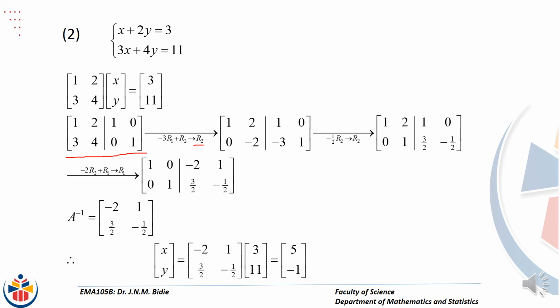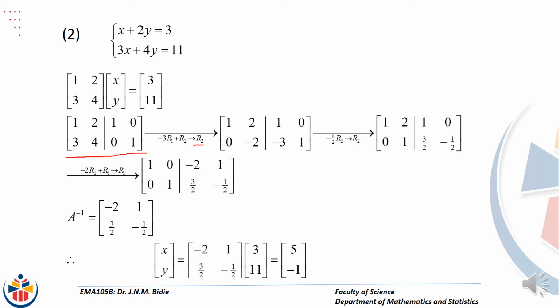Minus 3 times 1, plus 0, that's a minus 3. Minus 3 times 0 plus 1, that's a 1. I'm hoping you're noticing that even when I'm multiplying by a negative 3 to row 1, I'm not changing row 1. I'm using the answer to change row 2.